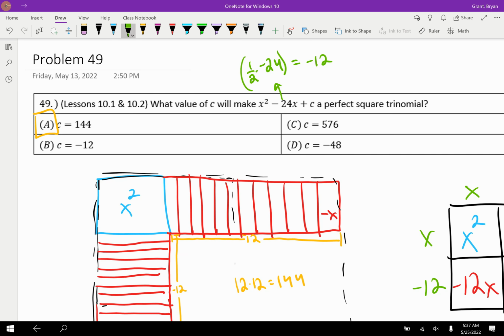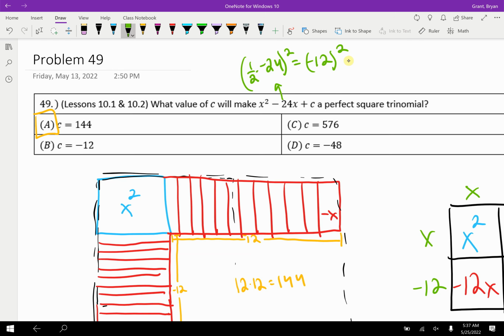Then after you do half of b, you need to square it. Negative 12 squared is negative 12 times negative 12, and that is 144, which is c. So that formula is half of b, squared. If you ever want to find the value of c, you just need to do half of b and square it, and you'll get your c value.